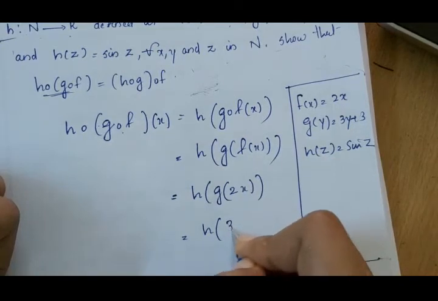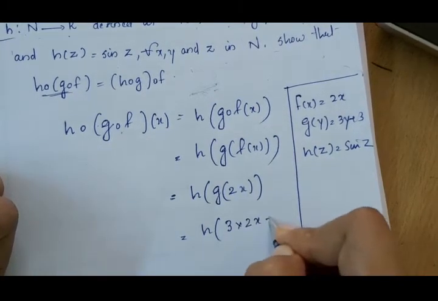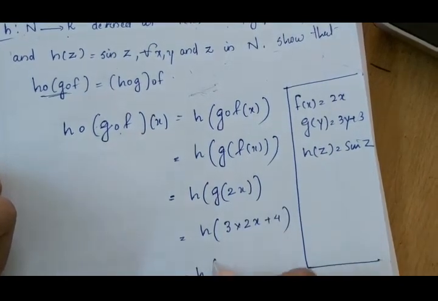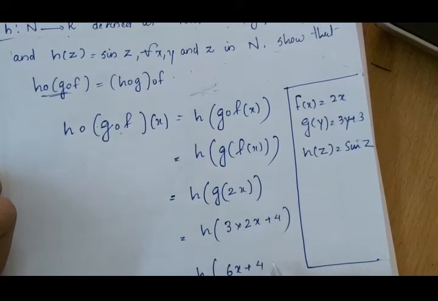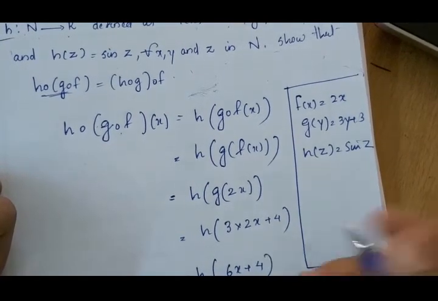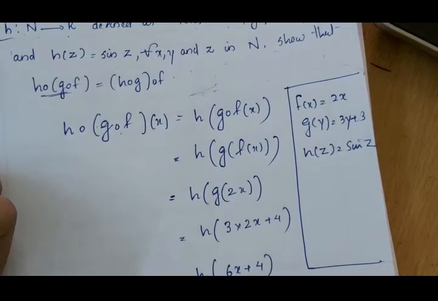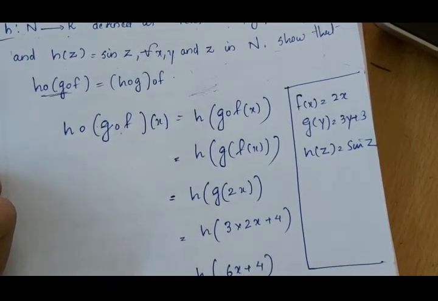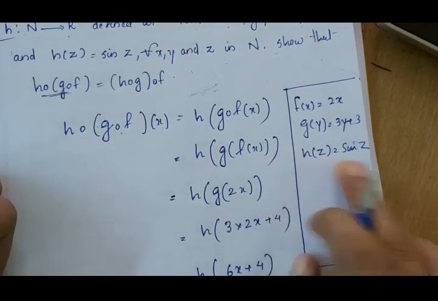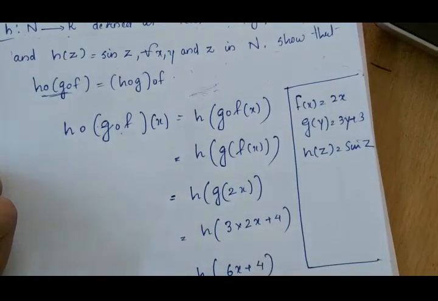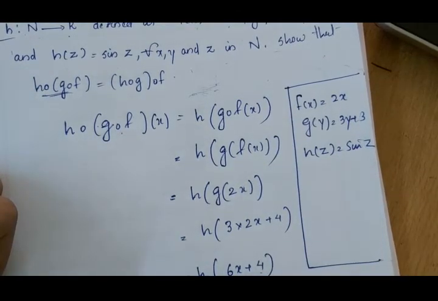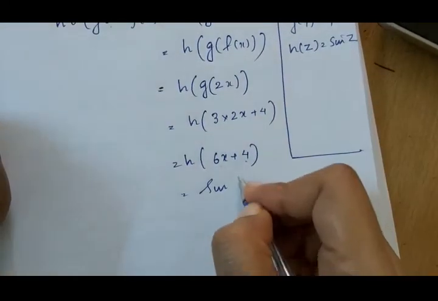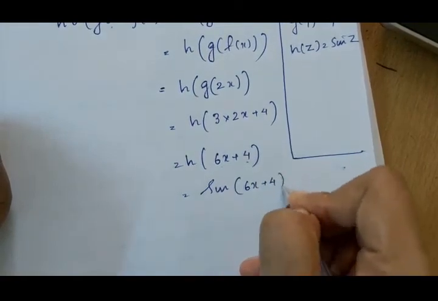So 3 into 2x plus 4, that is h of 6x plus 4. Here h of z is equal to sin z. Here the value of z is 6x plus 4. So sin of 6x plus 4.